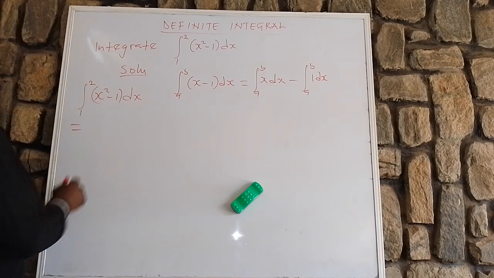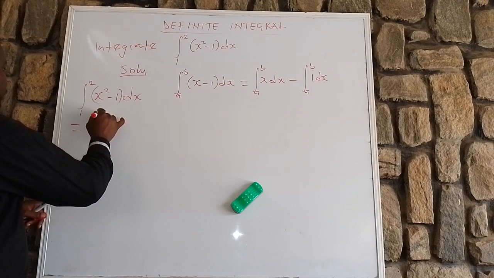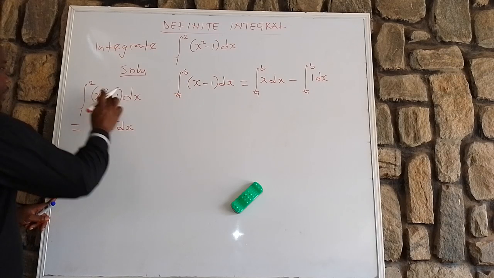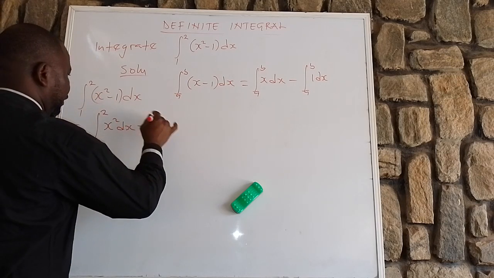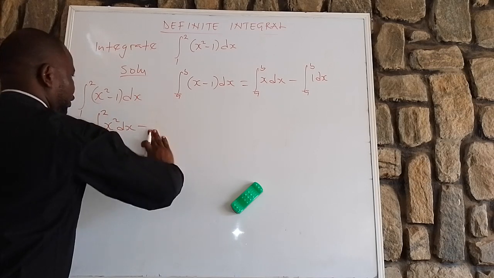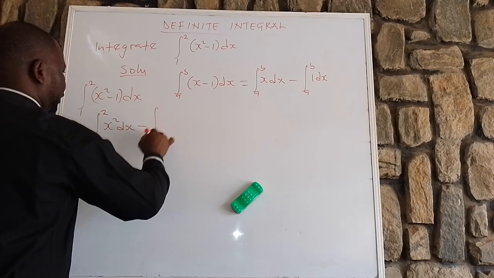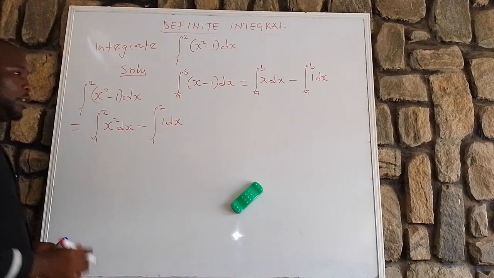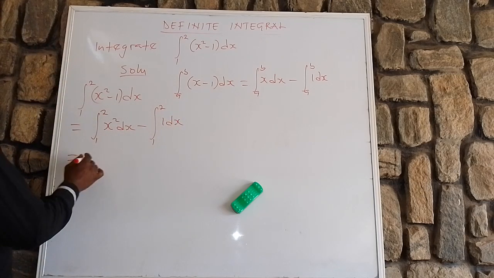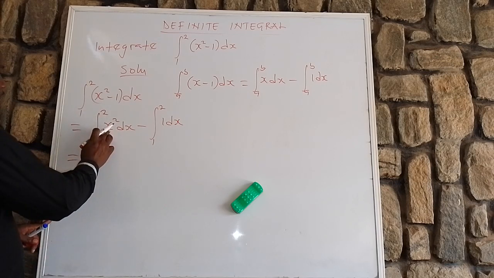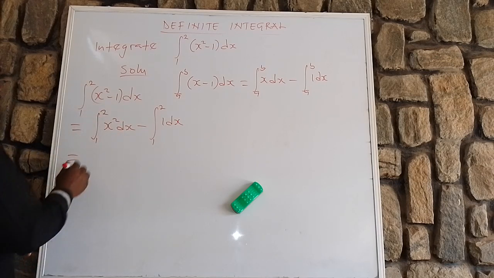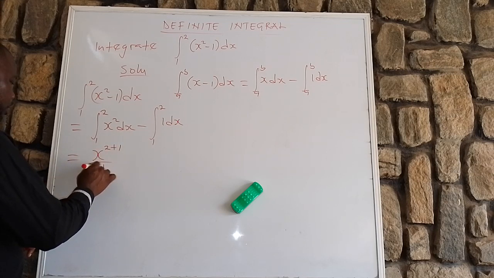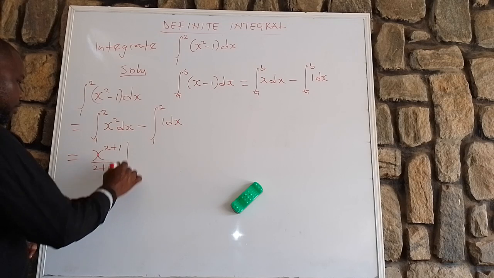So now let's look at it together. This is equal to integral 1 to 2 of x squared dx, minus integral 1 to 2 of 1 dx. So let us integrate this function. If we integrate x raised to the power 2, we are going to have x raised to the power of 2 plus 1 all over 2 plus 1, with limits 1 to 2.